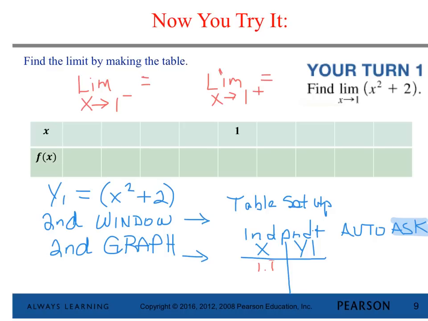And if those two numbers are the same, then you will know that the limit as X approaches 1 of X squared plus 2 is equal to whatever number it is that you get. So pause the video now and you try that problem.